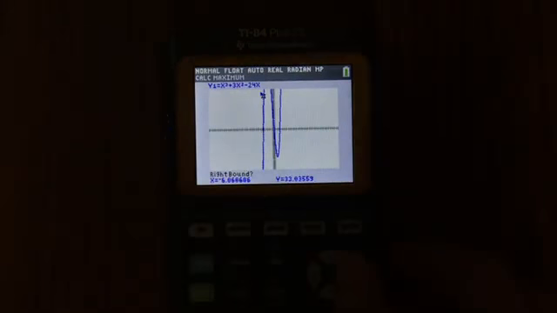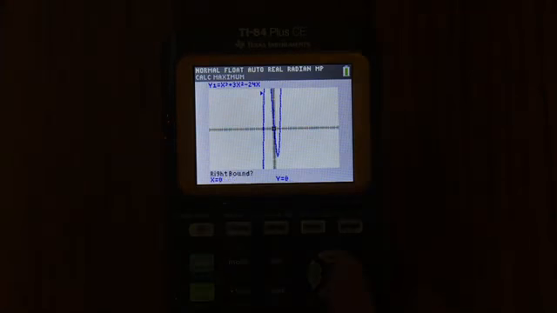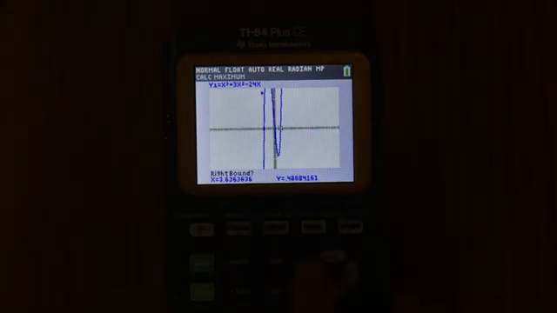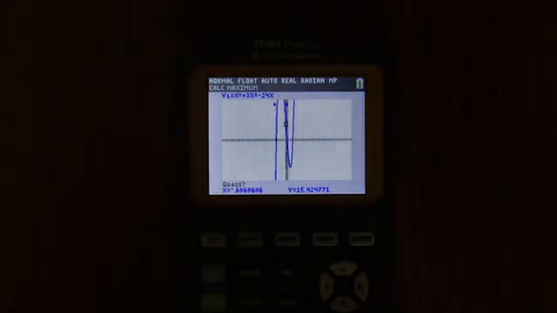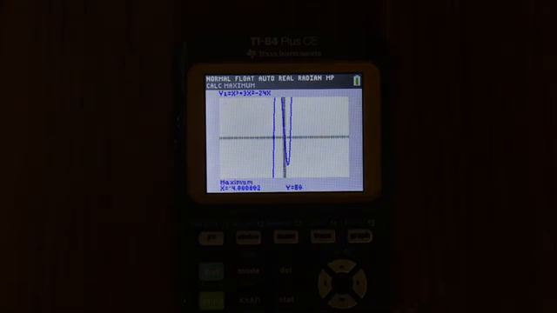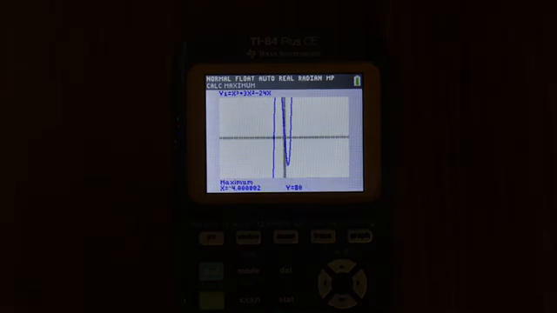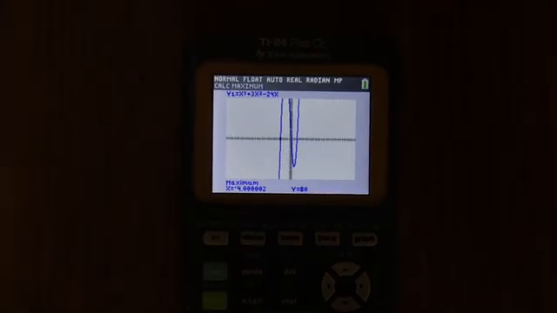So I arrow over till I see my star on the right bound. Now don't go past the next turning point. It'll get confused. Stay between them right here. You hit enter then for the right bound. And then it asks, you want me to guess? Say, yeah, enter. And it'll guess your maximum point. So that maximum point, you will actually put it in parentheses, and it'll be -4, 80.